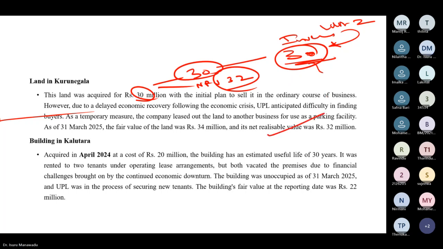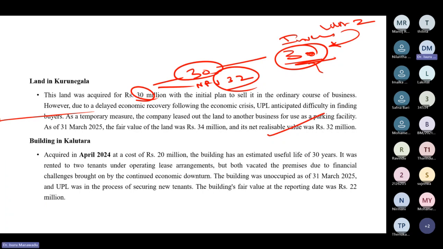Look at the third one, the building in Kalutara. Acquired in April 2024 at a cost of 20 million. The building has an estimated useful life of 30 years.